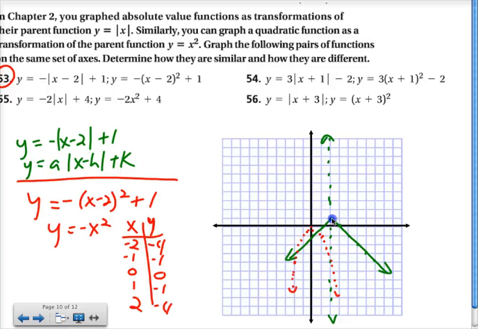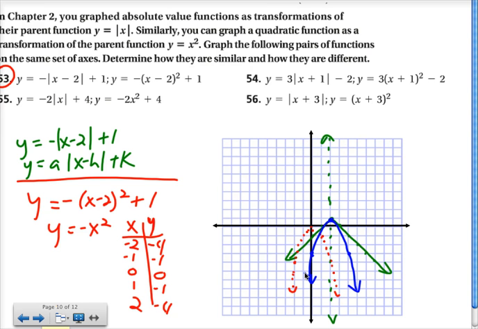So 2 to the right and up 1 puts my vertex at exactly the same spot. And then let me put a couple more of these on here using symmetry. That should do it so you can see what's going on with it. I don't need to be incredibly detailed there with that.